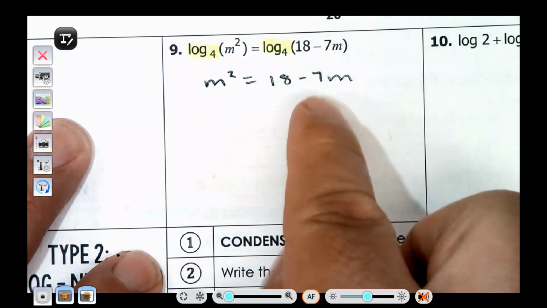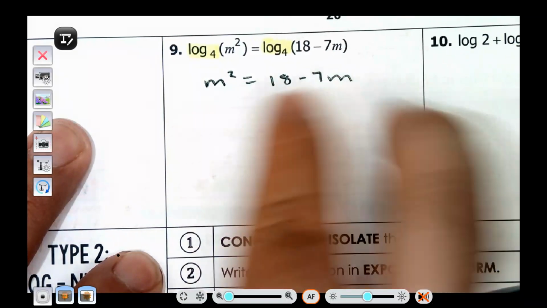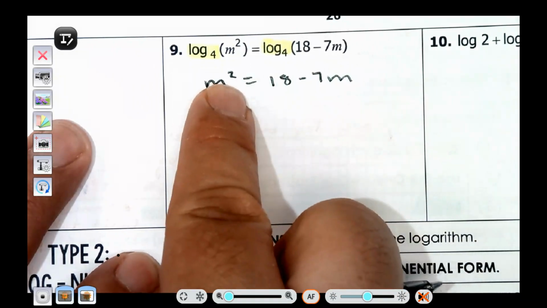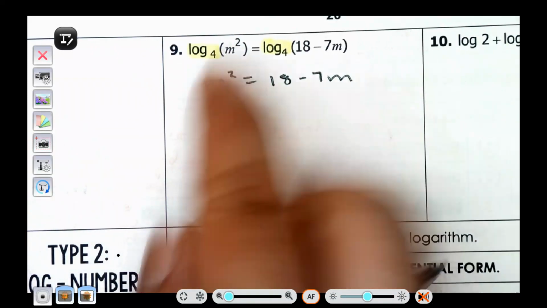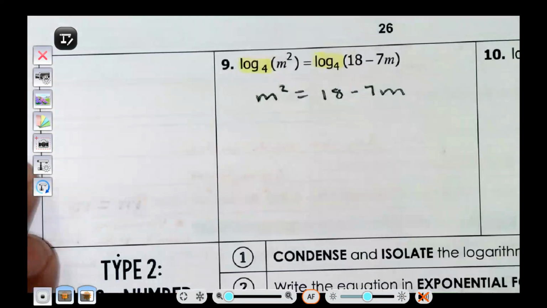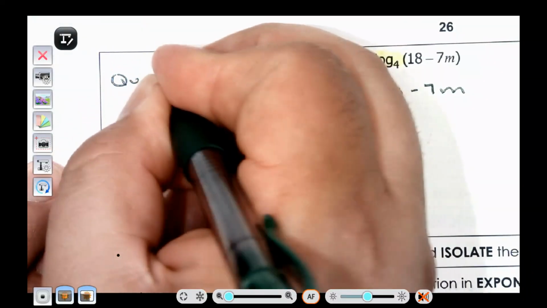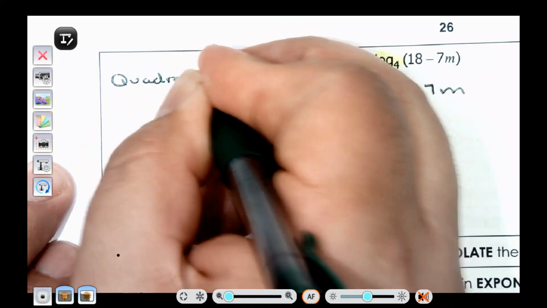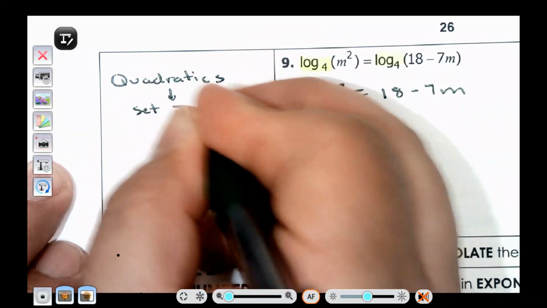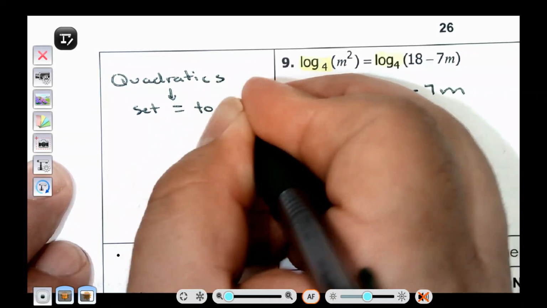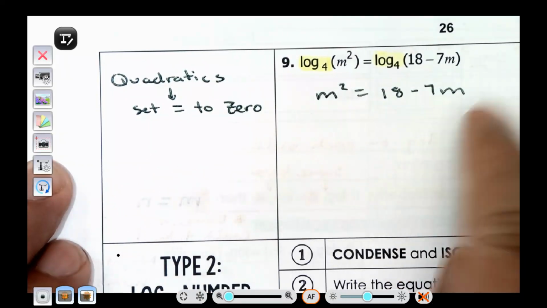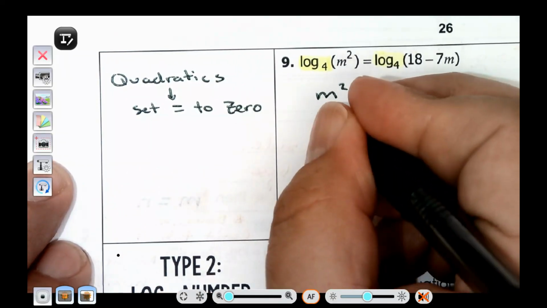Now, you have to remember one thing. You have two m's, and you have a power of 2, making it a quadratic. So don't forget, and this is why we have the space here. For quadratics, first thing, set equal to 0. So I have to make this thing equal to 0. So I'm going to subtract the 18.